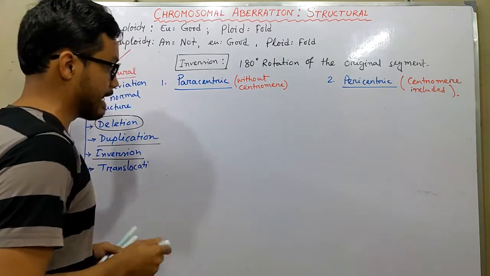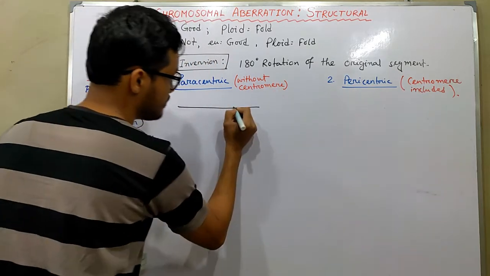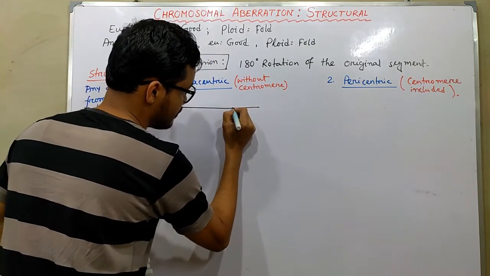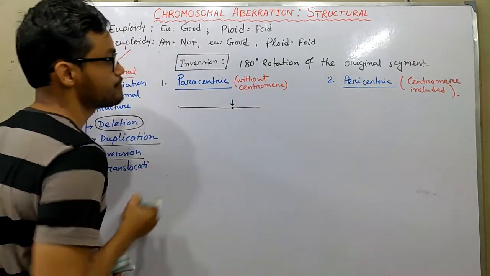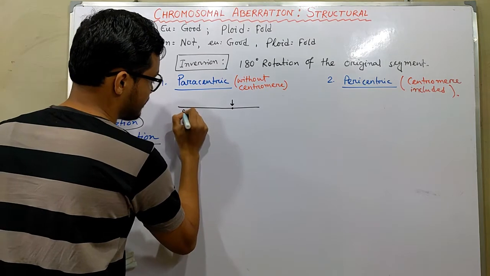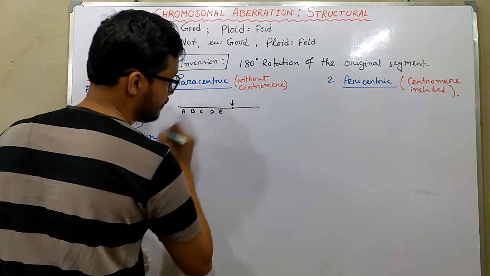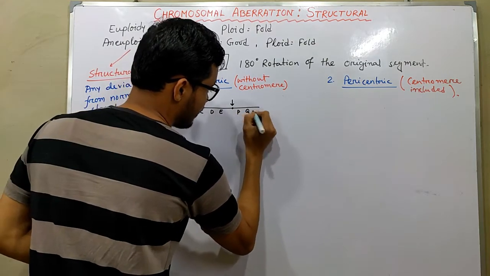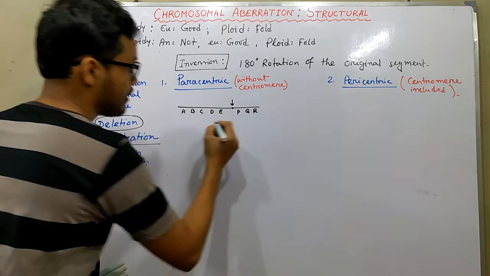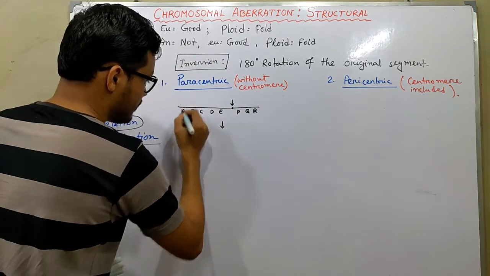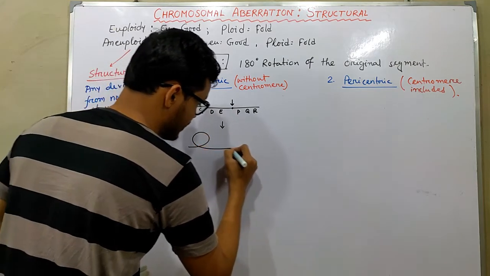So if we draw a diagram of a chromosome, just like a single thread here, and draw a centromere here, this is the centromere, guys, and these are the segments A, B, C, D, E, P, Q, R. So what about the paracentric? First, the long arm creates a loop.